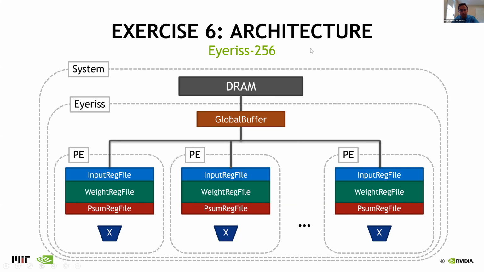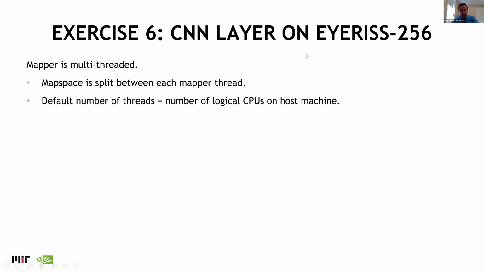Okay, so some final thoughts. The mapper is automatically multi-threaded. If you don't manually specify a number of threads in the mapper specifications, it will probe the host CPU, find out how many logical CPUs there are, and it will spawn that many threads.